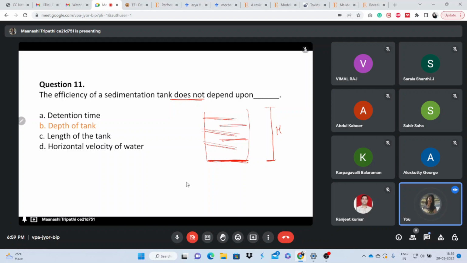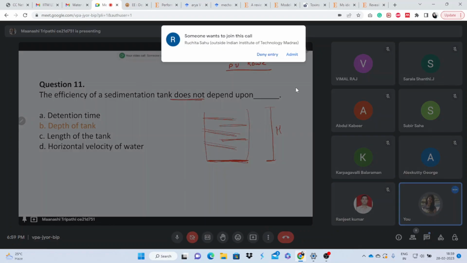I'll give you the name. This is a very good book for solving numericals as well as for developing concepts. In case of any doubt you can ask me in the next class, and please do solve the numericals properly.